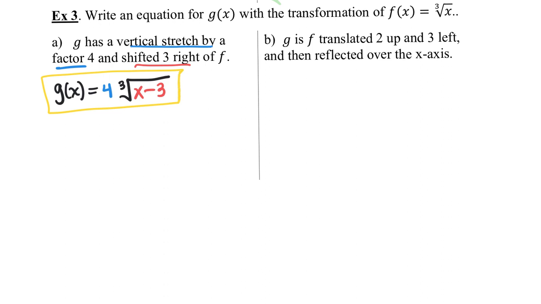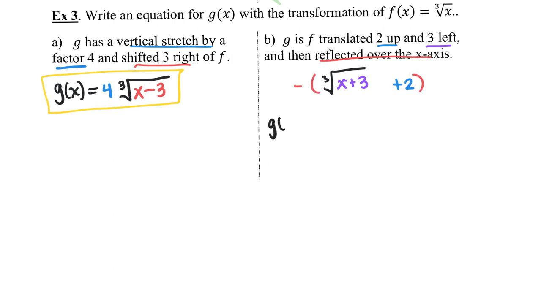Okay, g is f, translated 2 units up. Okay, 3 units left, so I know that's going to be x plus 3, but this is f, third root. Okay, and then reflected over the x-axis. So then I need to times it by a negative.